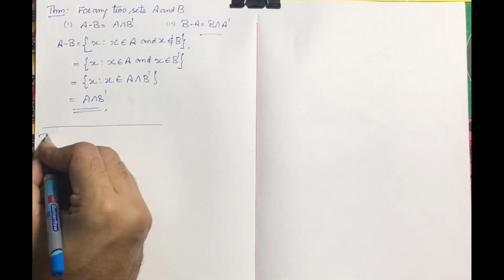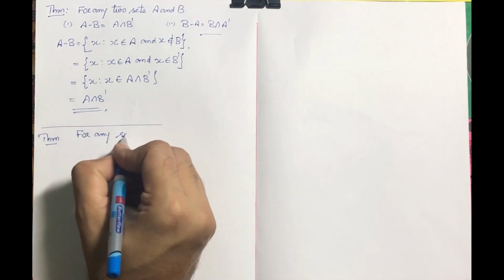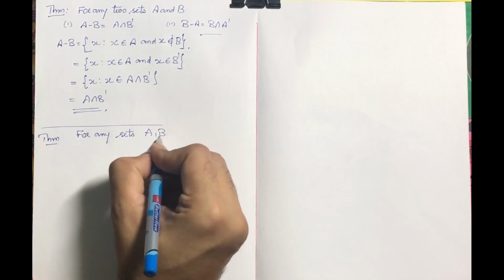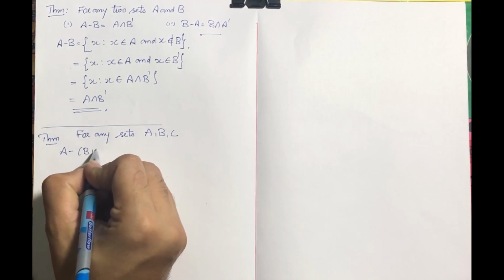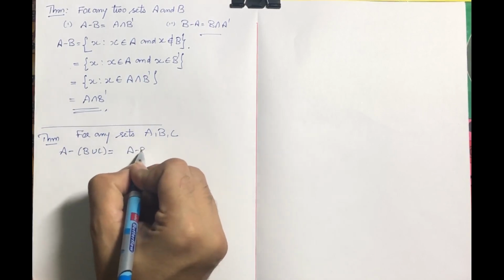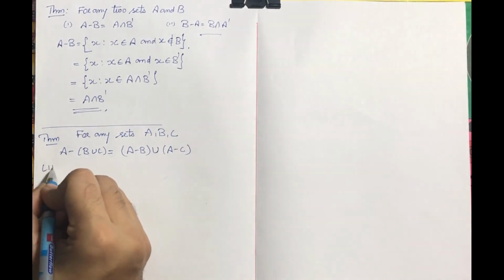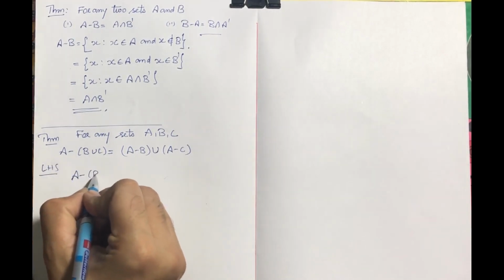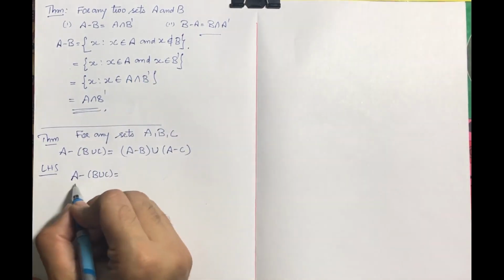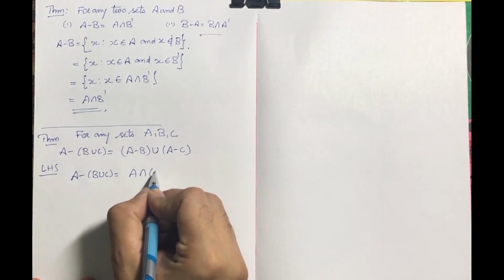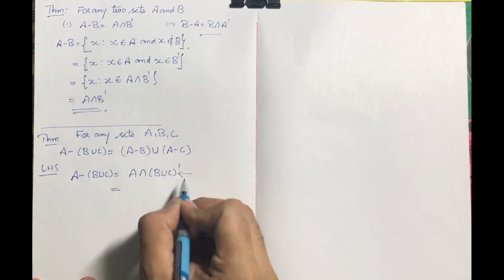Now another result, that is for any sets A, B and C, we have to prove A minus (B union C) is equal to (A minus B) intersection (A minus C). So again we start with left hand side, that is A minus (B union C). So here we use the above result. So this is equal to A intersection (B union C) complement. So here we apply De Morgan's law.